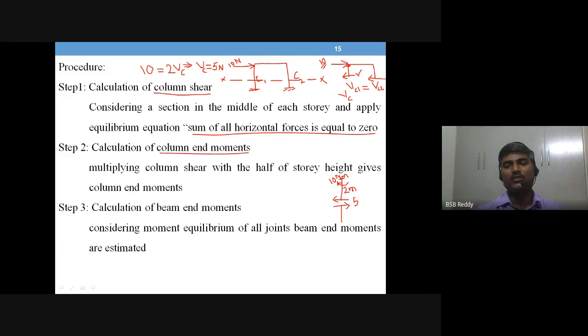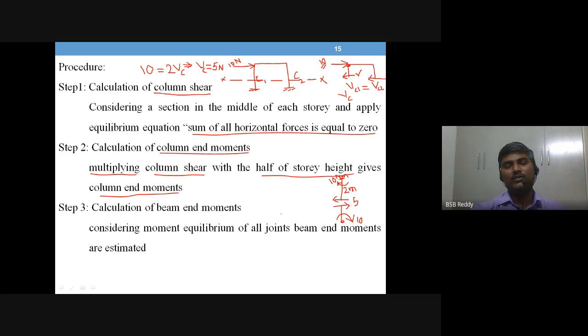If you want to calculate the moment at this end, that will be clockwise, same 5 into 2, 10. So both the upper end and lower end of the column will have 10 Newton meters. So that's how you find end moments. What you do here is multiply column shear with half of the story height, which gives you column end moments.